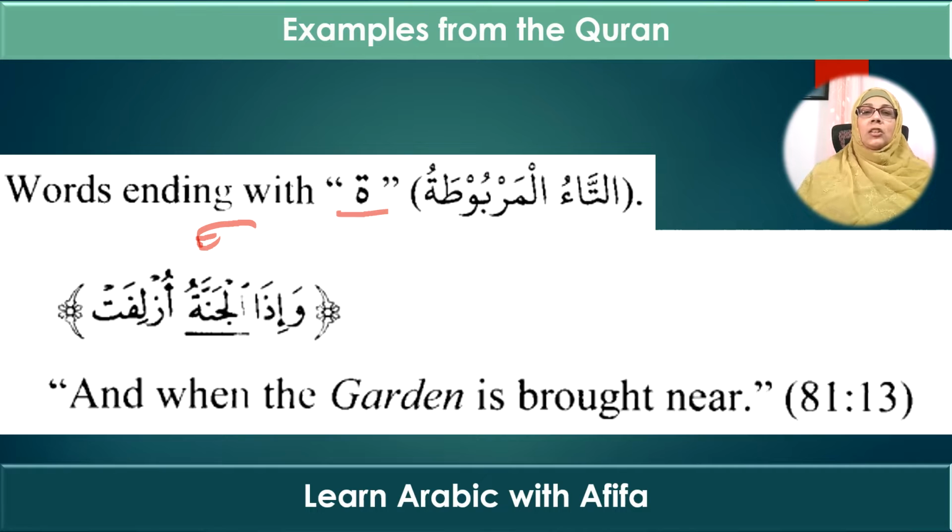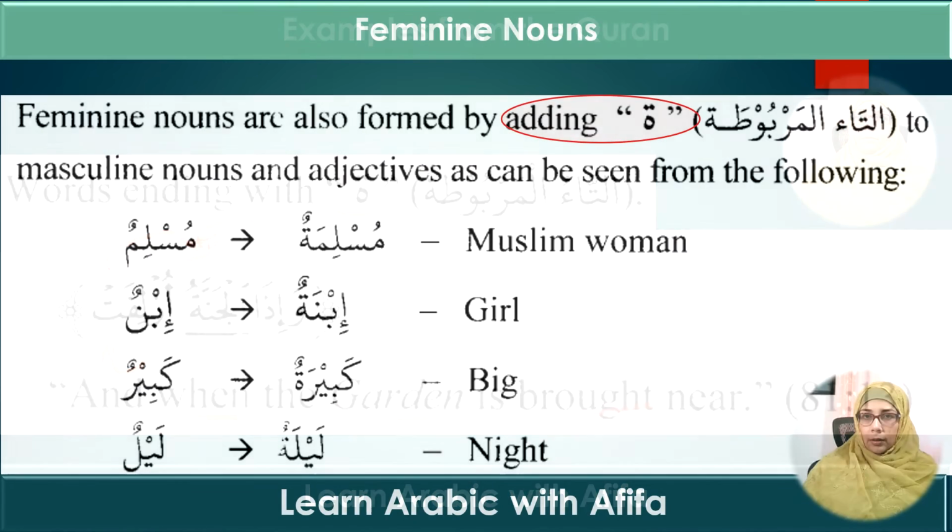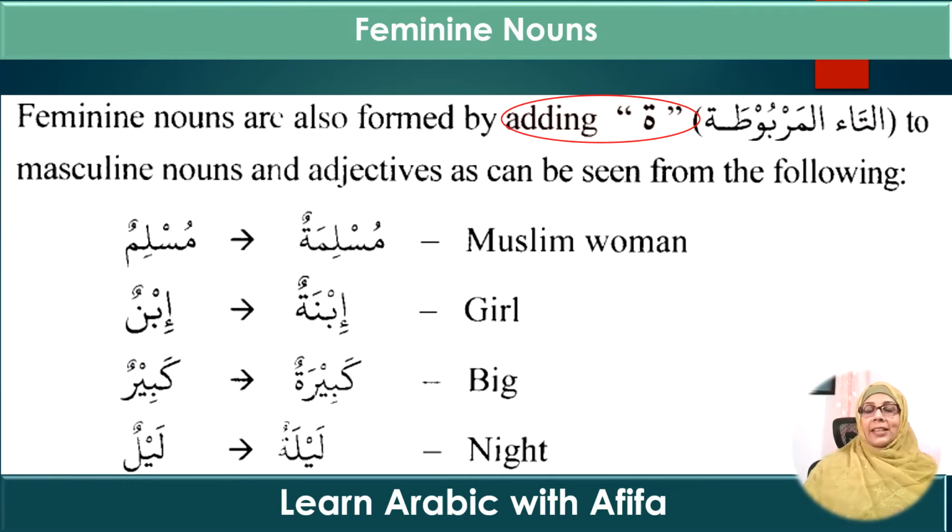Wa idhal jannatu uzlifat. It means, and when the garden is brought near. So uzlifat is the verb, okay? And it is feminine. Why? Because it is referring to al-jannatu, which is feminine. And I covered this in the last lesson.